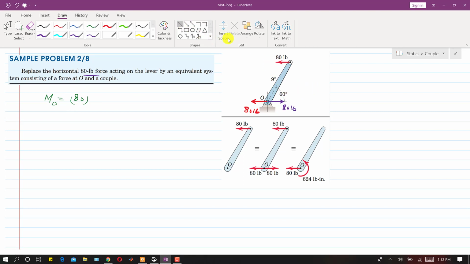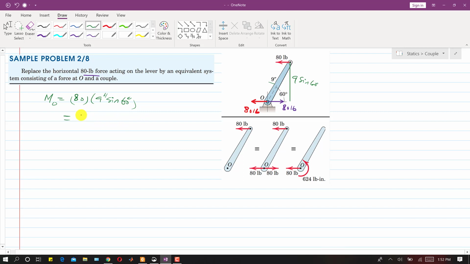What will be the perpendicular distance? If I draw, this will be the perpendicular distance. We are given this 9 inch and this angle, so the perpendicular distance will be 9 sine of 60 degrees. If I write 9 inch sine of 60 degrees, we will get this moment.